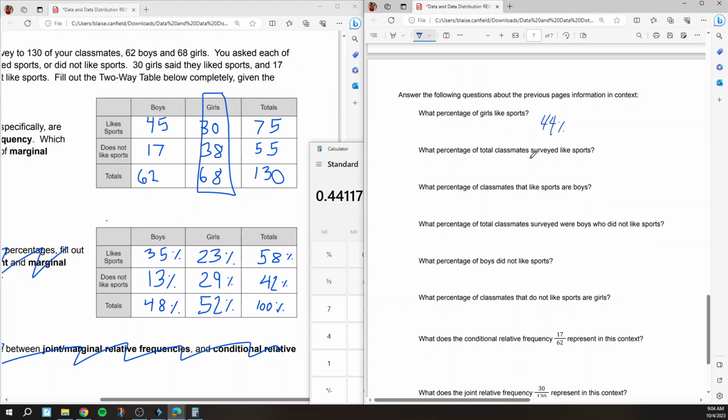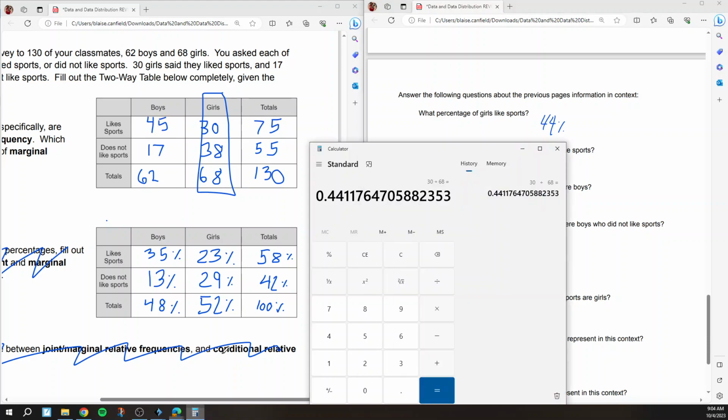What percentage of total classmates surveyed like sports? Well, these were all totals, right? So 75 students total like sports, which was 58%. What percentage of classmates that liked sports are boys? So how many people liked sports? 75. How many of them were boys? 45.